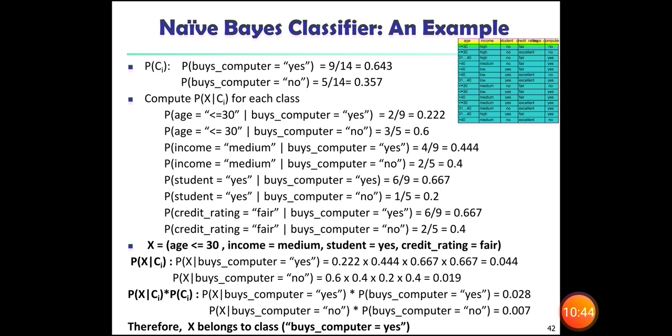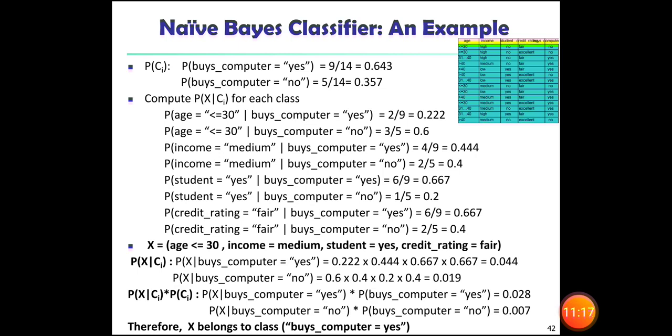The same way we will calculate P of X given Ci into P of Ci. That is P of X given computer status yes into P of Bayes computer status yes. P of Bayes computer status we found in the beginning itself. So that value will be multiplied with the recently found value. If you do the multiplication, you will get 0.028. The same way for status no also.